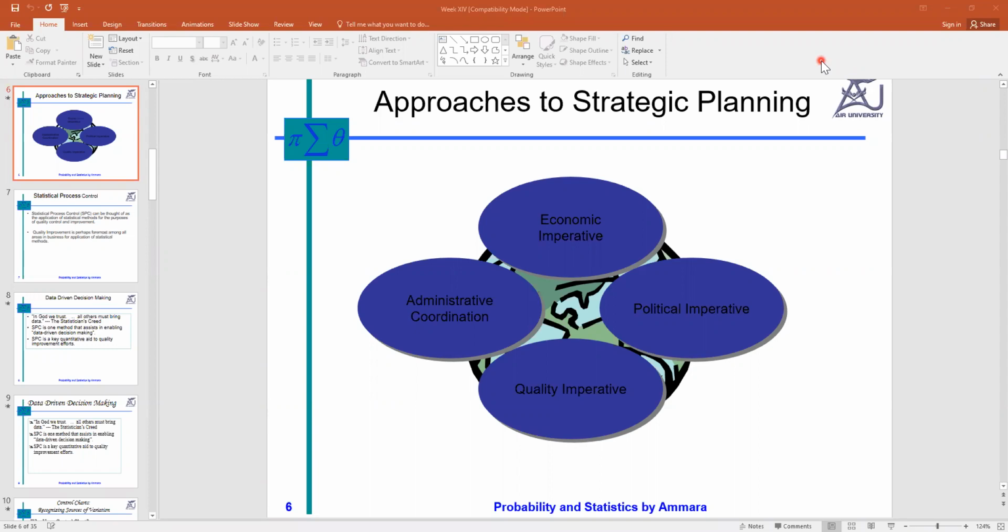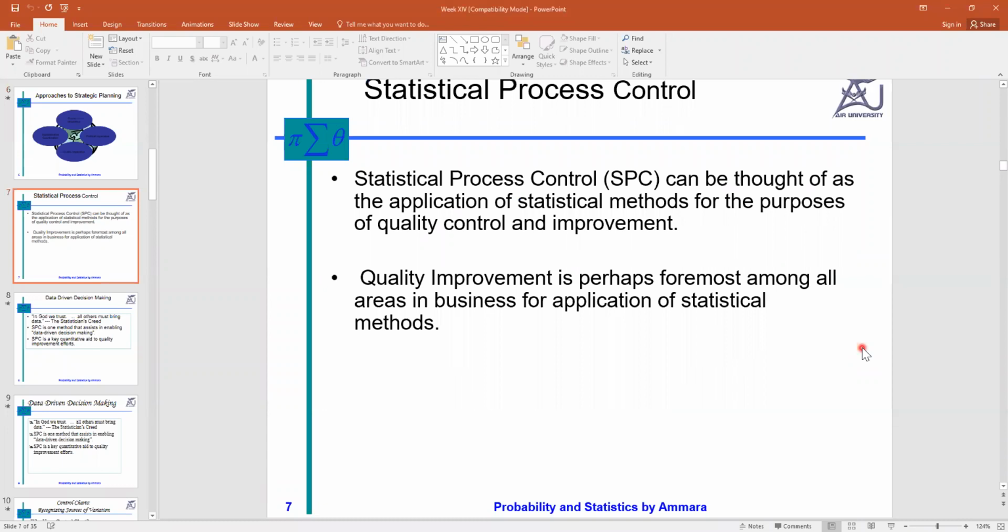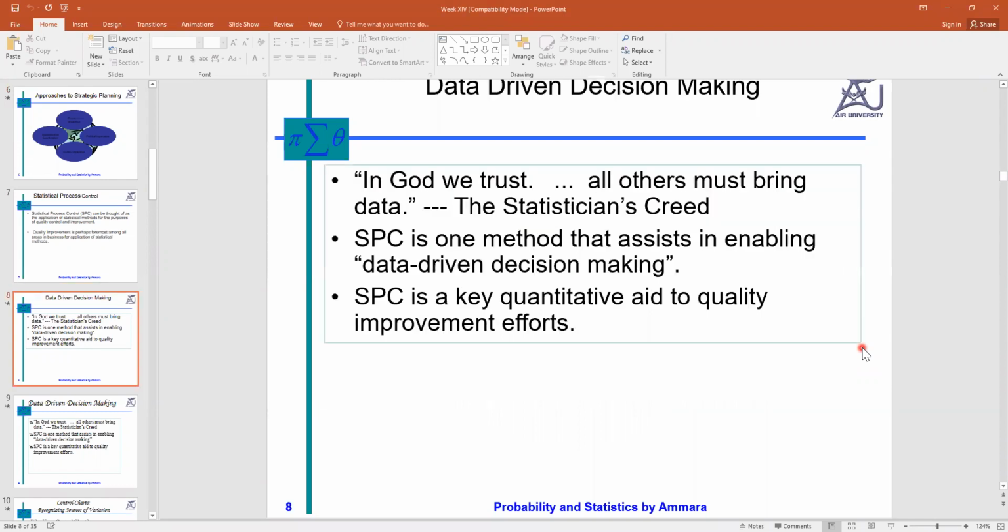Here are the approaches to strategic planning, in which you can say economic, imperative, political, quality, administrative. This is clockwise related. By using statistical process control, we can improve the process, describe our data well, and interpret our results.